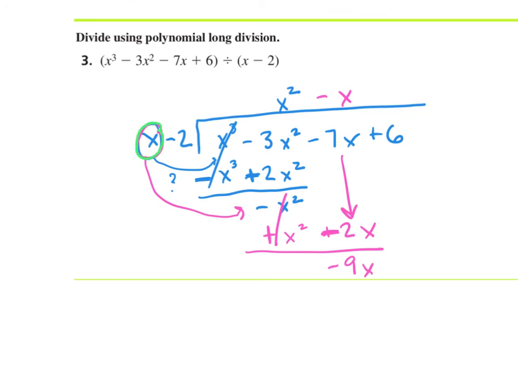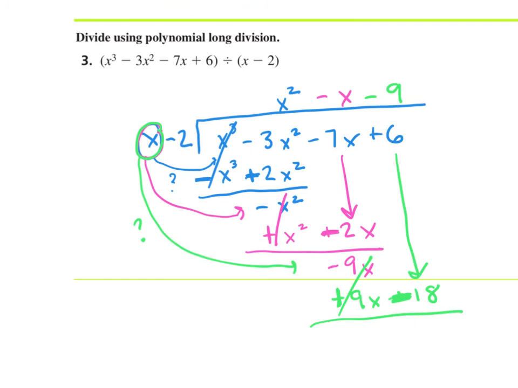What can we multiply times x to get negative 9x? Negative 9. Then we multiply the top with the front. Negative 9 times x is negative 9x. Negative 9 times 2 is positive 18. What do we do next? Flip the signs. So change the first one to addition, the second one to subtraction. 9x's cancel.